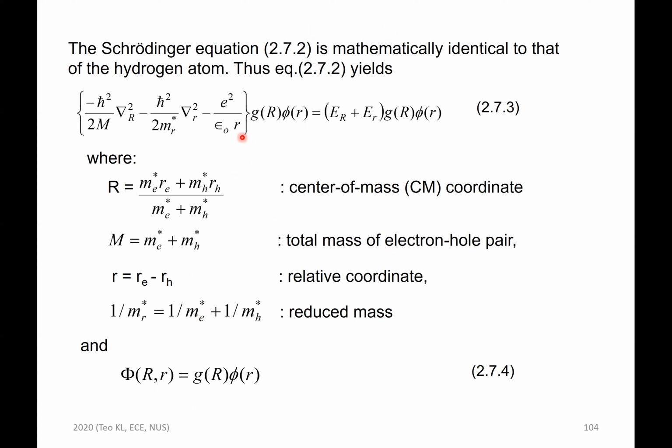So in solving the Schrödinger equation, you have to solve two parts. One is the center of mass motion, one is the relative coordinate motion. So E_R, with big R subscript, is the energy in the center of mass motion, and E_r, with small r subscript, is the relative coordinate energy.